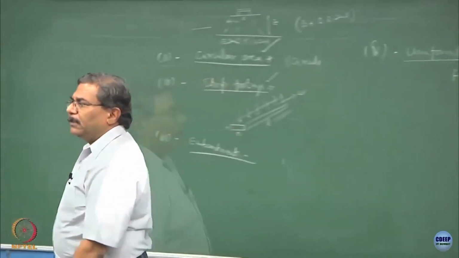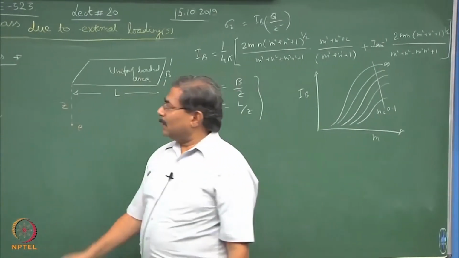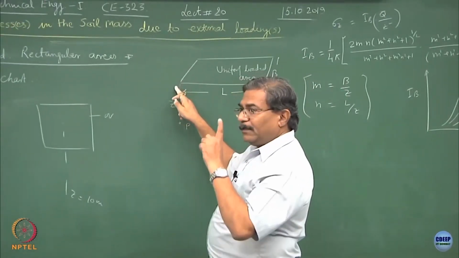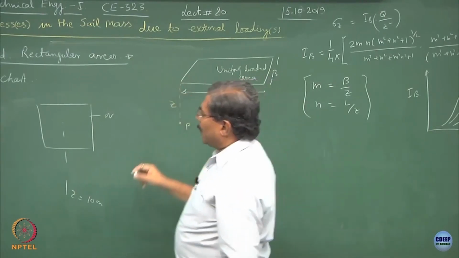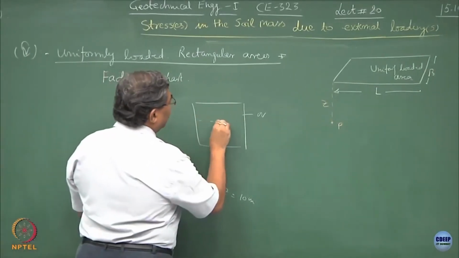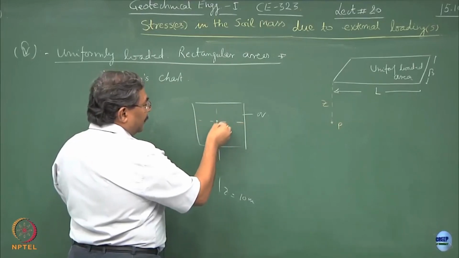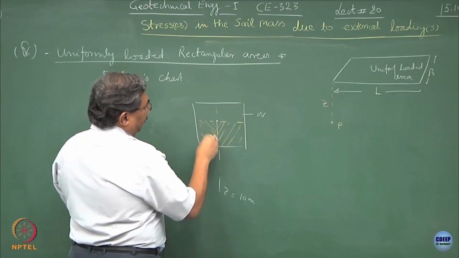Can you use Fadam's chart? No is also correct, because look at this situation. It has to be just beneath the corner, okay. So, what I can do is discretize this whole thing in such a manner that I create 4 units out of it, clear. Now, I think you can understand, I can apply this concept, fine.